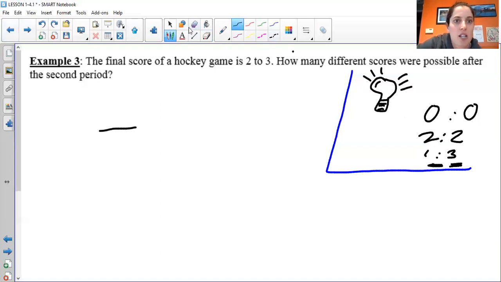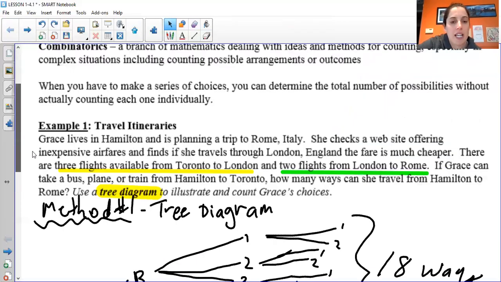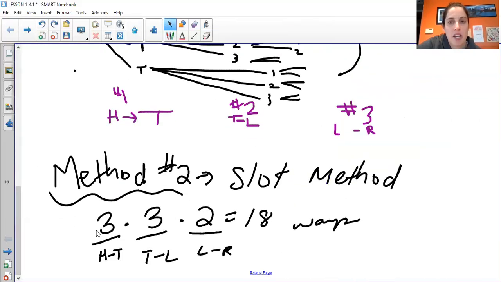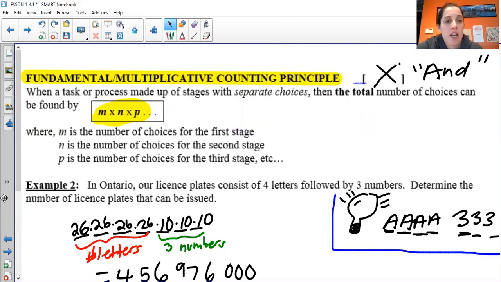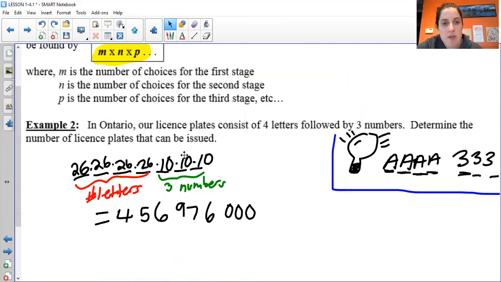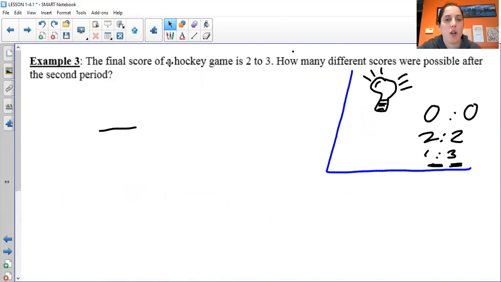Earlier, I said this slot represents Hamilton to Toronto, this one Toronto to London, this one London to Rome. Here, this slot represents a number. I give myself subscripts so I know what the slot means, and then I can determine how many choices I have for that slot.